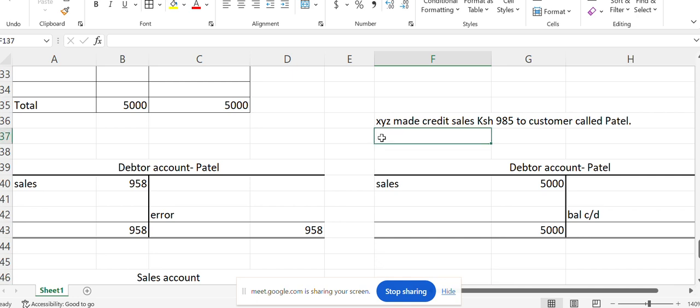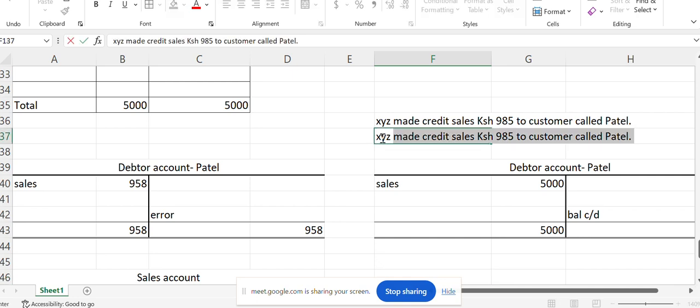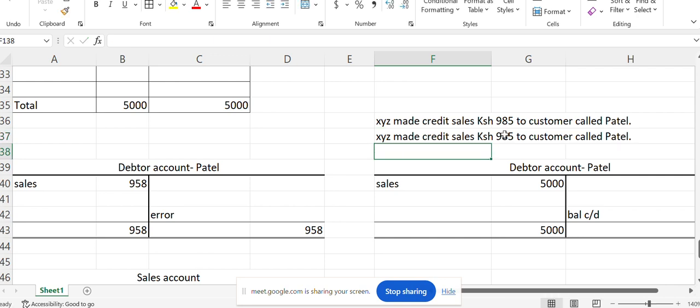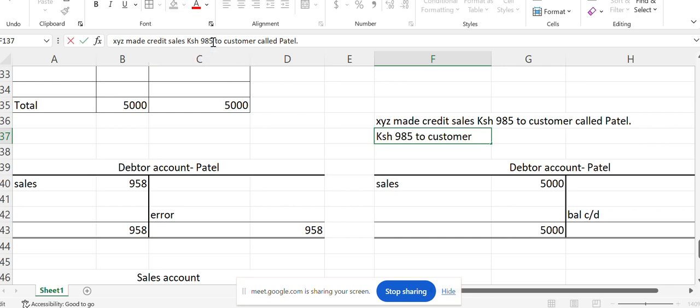Let's say XYZ Limited made credit sales to the same person, but this time round the amount was, let's say, what is 985 minus 958? Someone? 27.